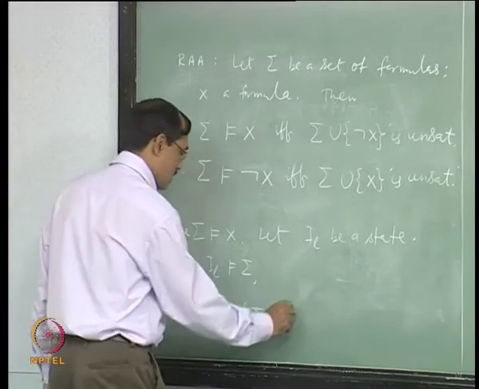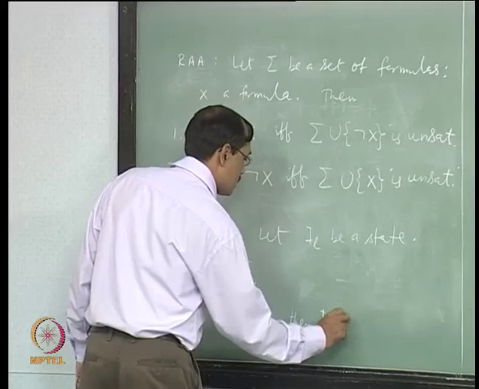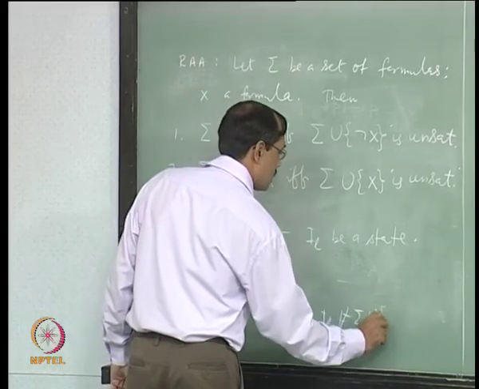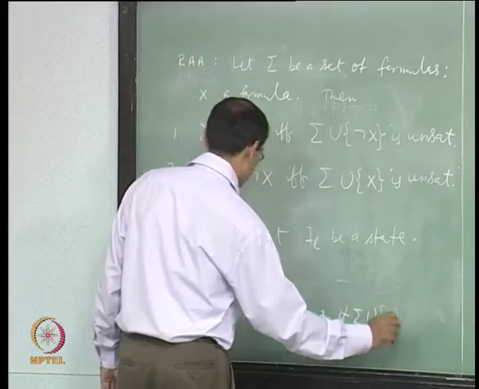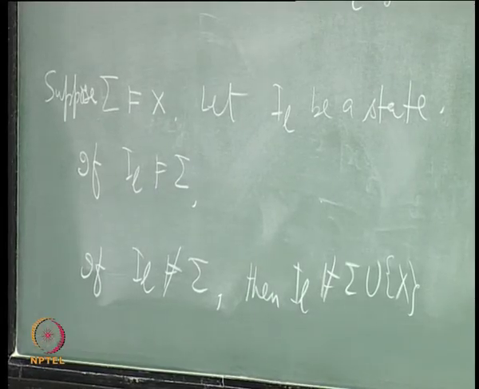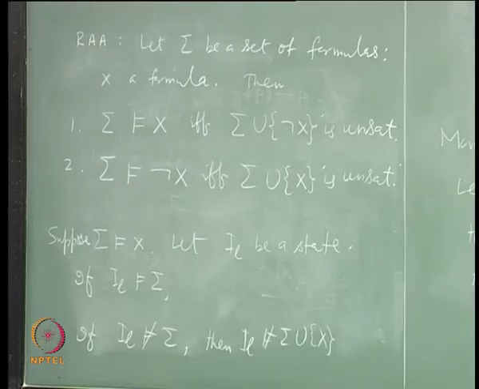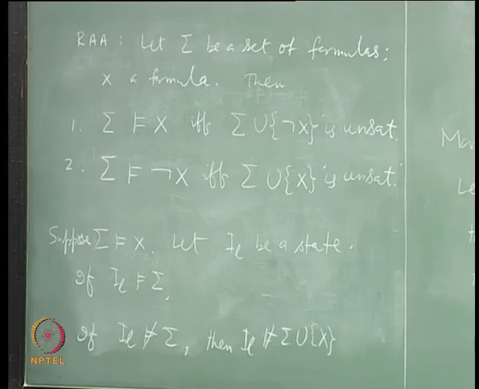What about first one? So, let us complete that. Then IL does not satisfy sigma union x either. Okay. This is what it is telling. Okay. In this case, what happens?